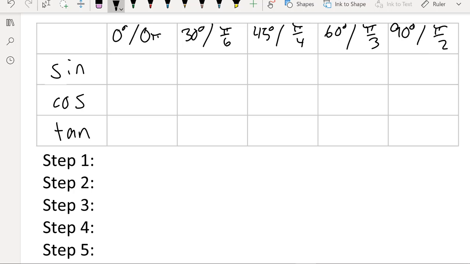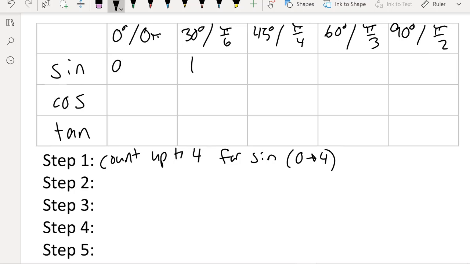Step 1, all you have to do is count up to 4 for sine, starting at 0. Maybe put this in parentheses when you write this down, 0 to 4, because we have 5 values. So 0, 1, 2, 3, 4.